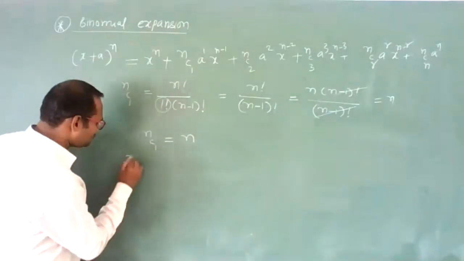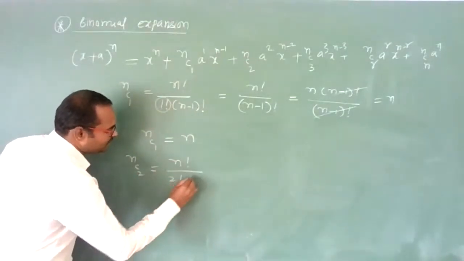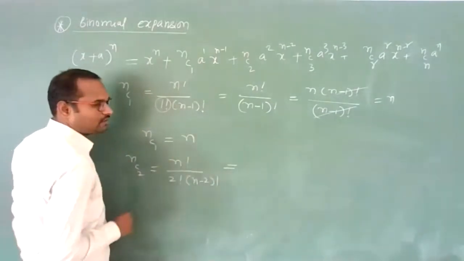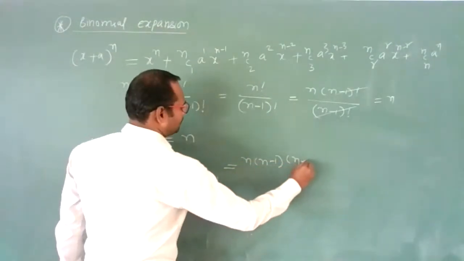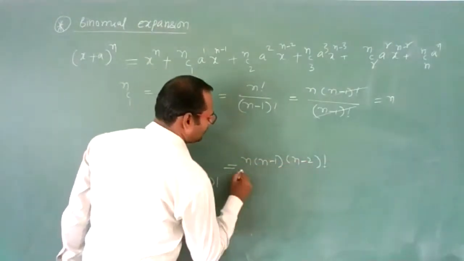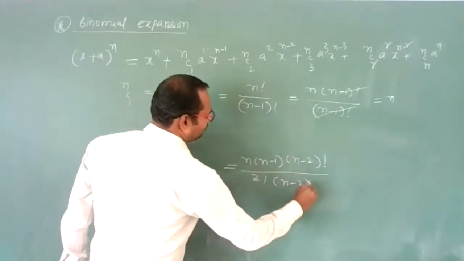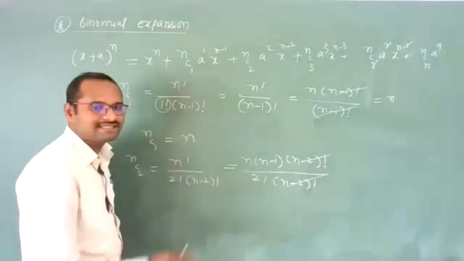Then what will be nC2, sir? nC2 is nothing but n factorial by 2 factorial into n minus 2 factorial. In this, n factorial we can write as n into n minus 1 into n minus 2 factorial, divided by 2 factorial into n minus 2 factorial. This n minus 2 factorial gets cancelled.